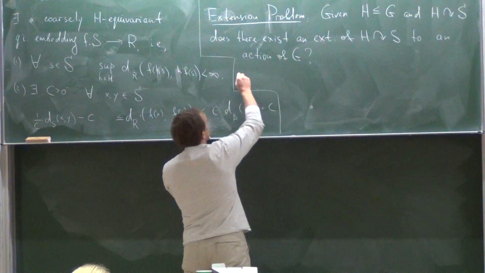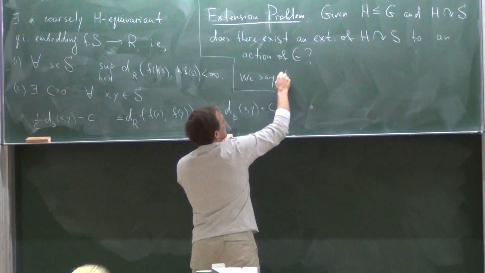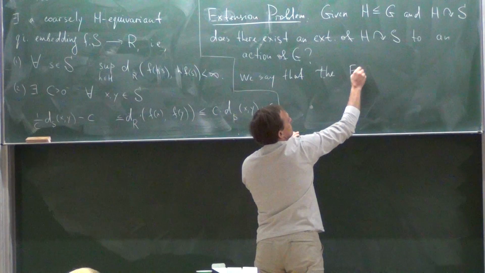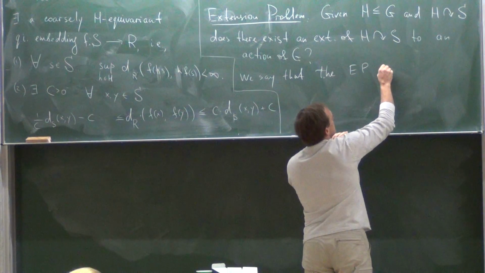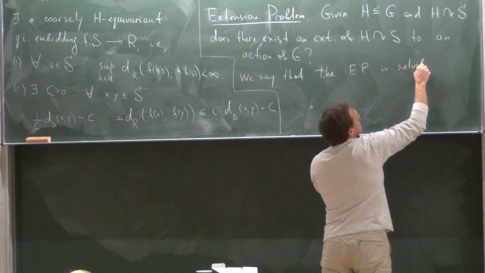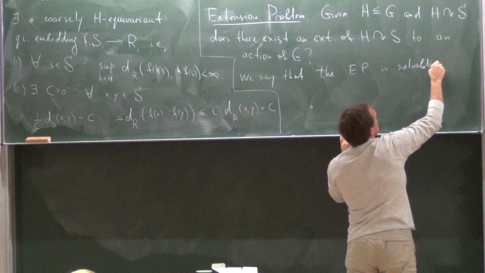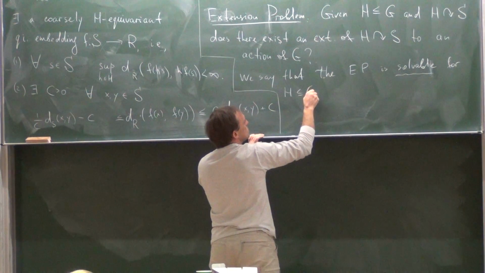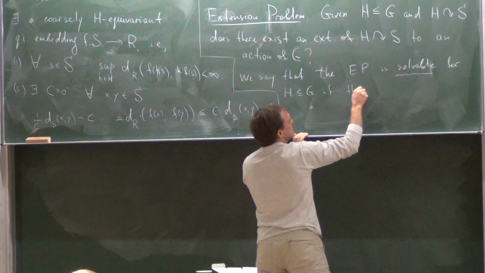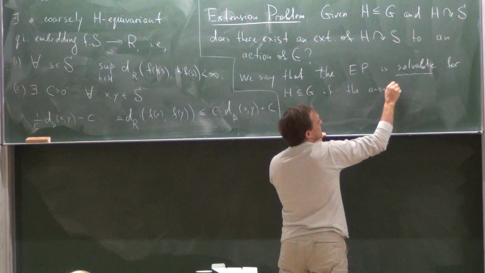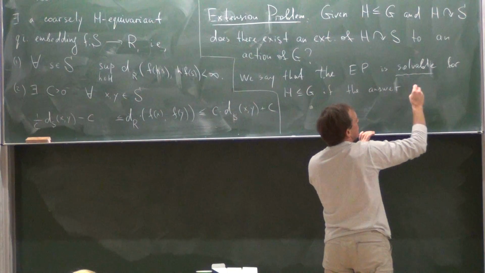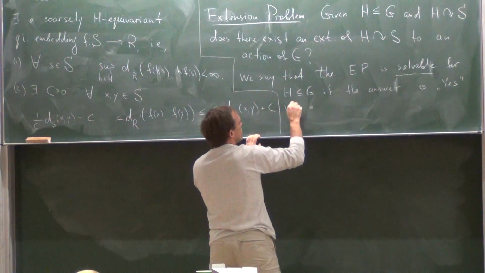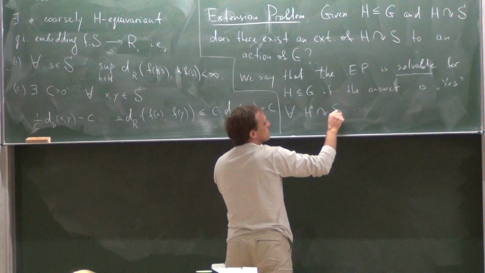So I will say that the extension problem, which I'll abbreviate as EP, is solvable for the pair H inside G if the answer to the above question is yes, for all actions of H on metric spaces.